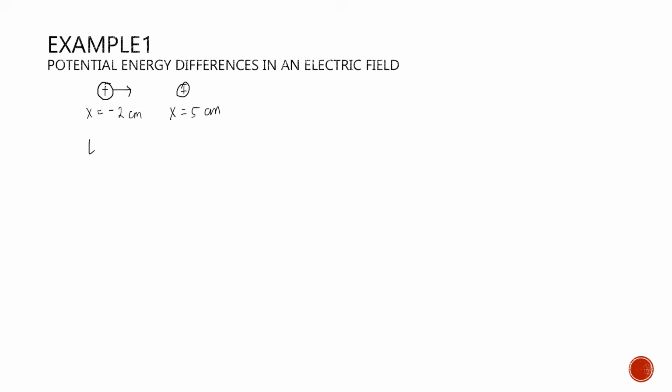The electric field is 1.5 times 10 to the power of 3 newtons per coulomb, and it's pointing in the positive x direction. If the electric field is going in the positive x direction, and the charge is positive, therefore work done is positive.